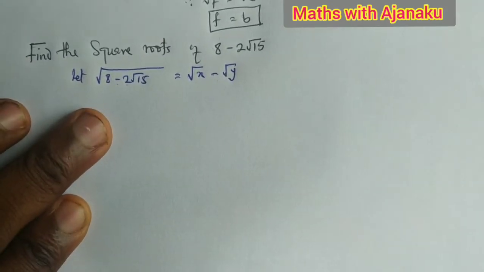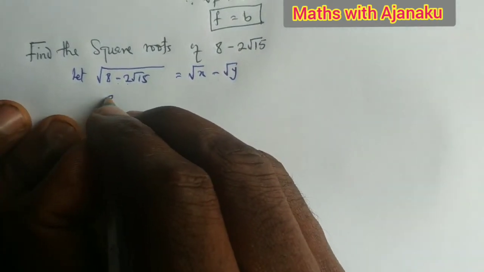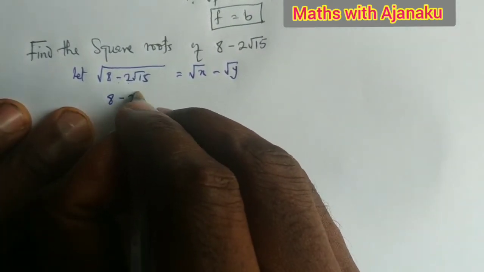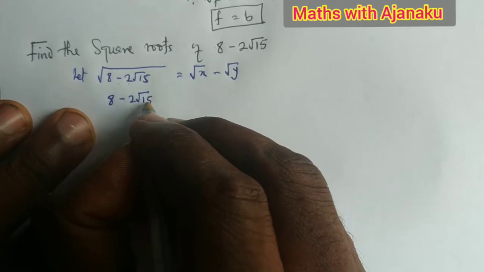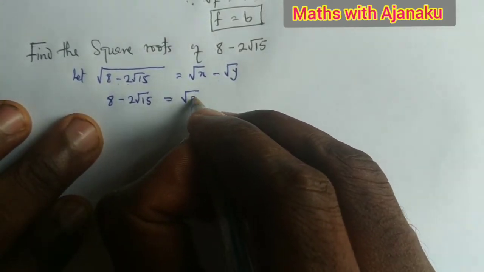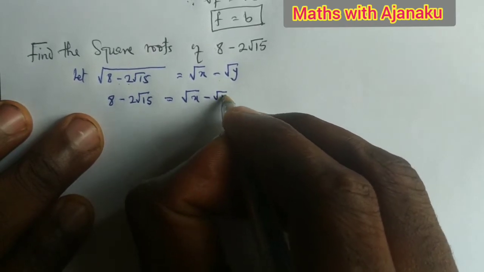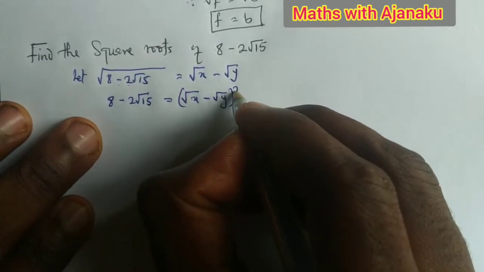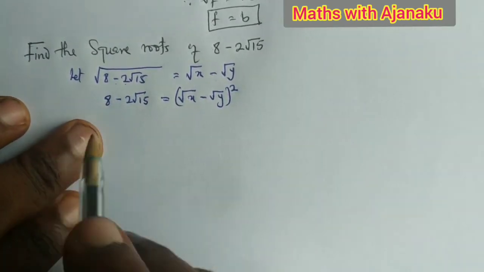So it implies that 8 minus 2 root 15 should be equal to the square root of x minus the root of y, all raised to the power 2. Meaning if you square it, it should give you this, of course.